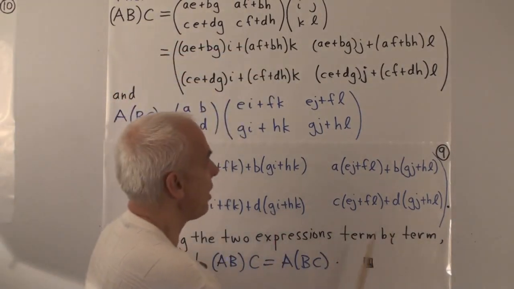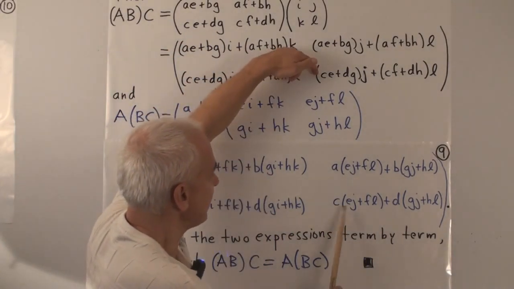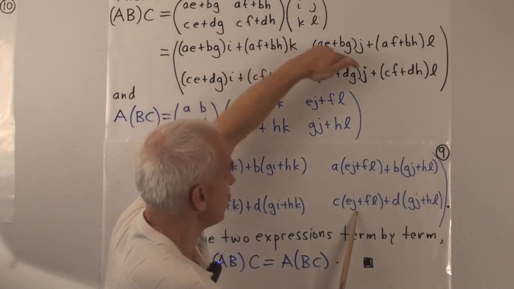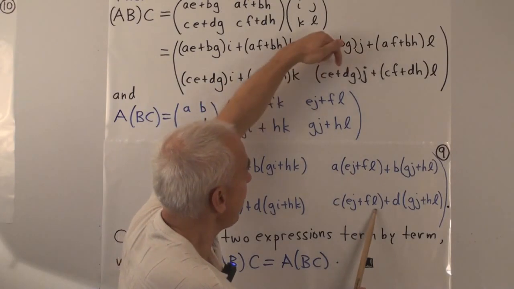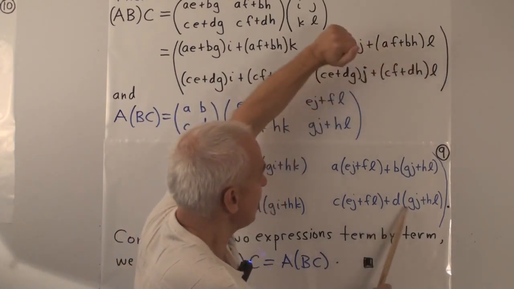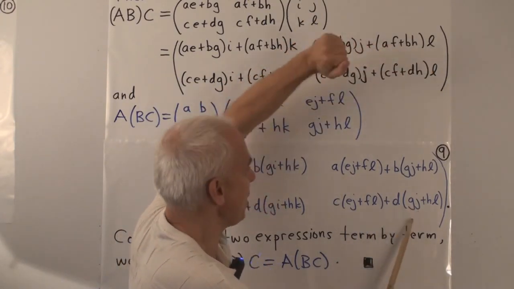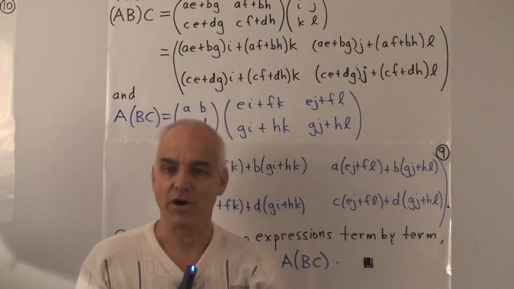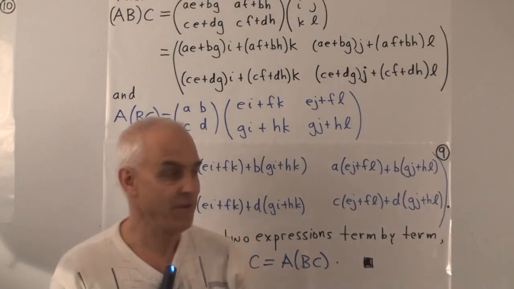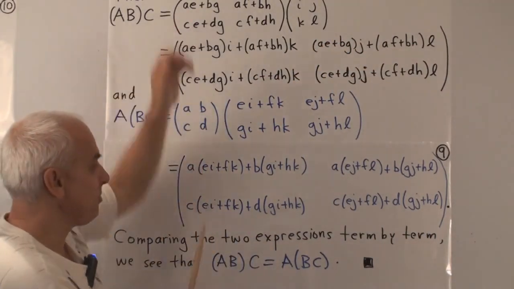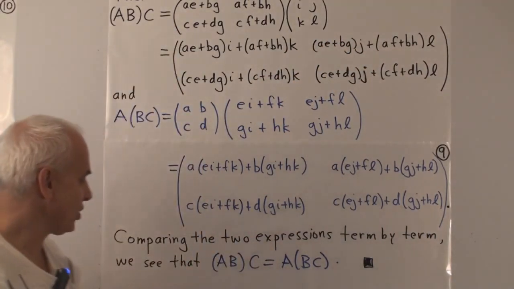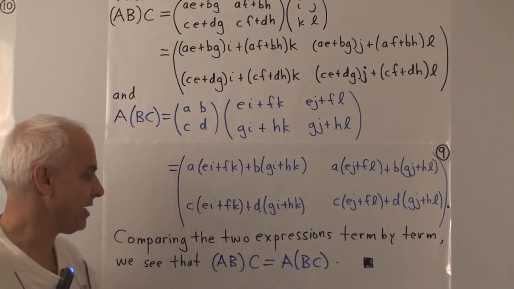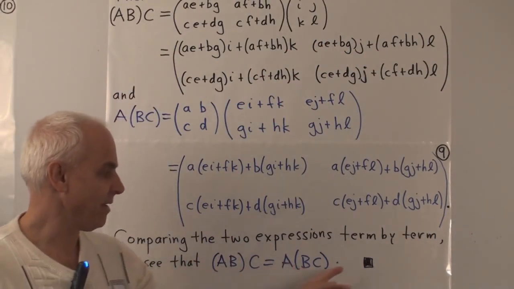And finally, the bottom right entry: CEJ and CEJ, CFL and CFL, DGJ, DGJ, and DHL, DHL. Our careful bookkeeping has paid off. These two matrices are exactly the same. So we conclude that AB times C equals A times BC.